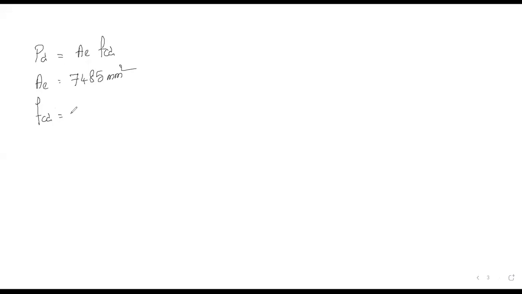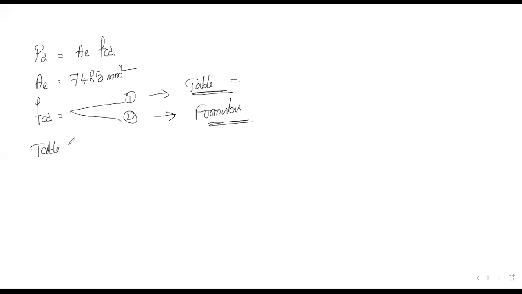So the FCD value we can calculate in two ways. One is directly from the table, and another one is using formulas. We are going to see both categories. First we move on to the table category.